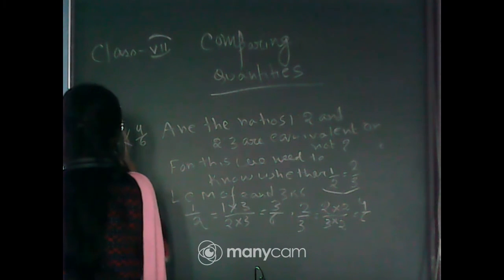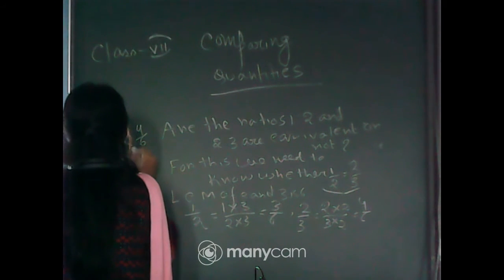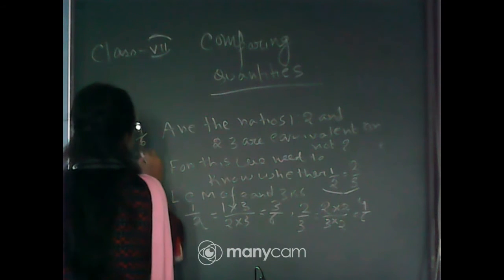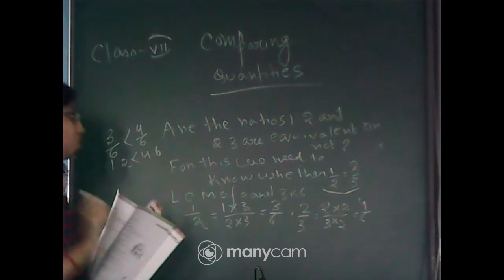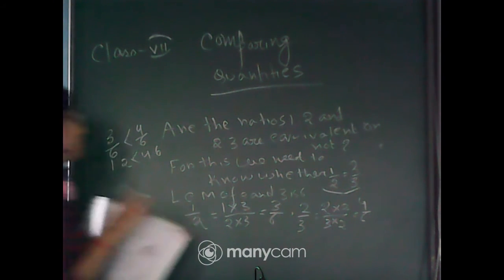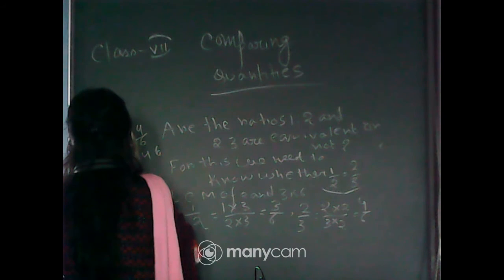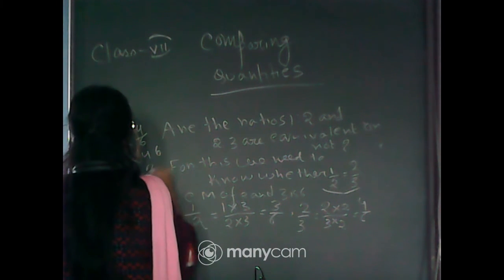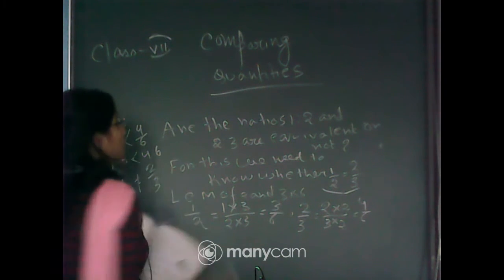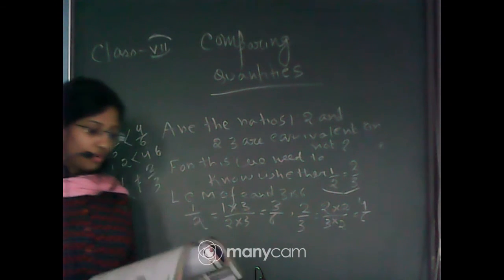Therefore, 1 is to 2 is less than 2 is to 3. Therefore, the ratios are not equivalent, since 1 by 2 is not equal to 2 by 3. Okay.